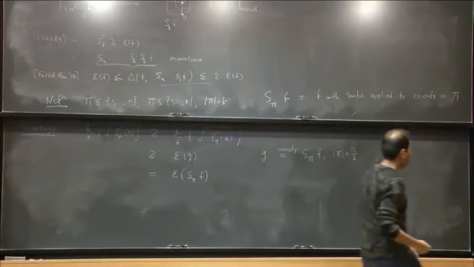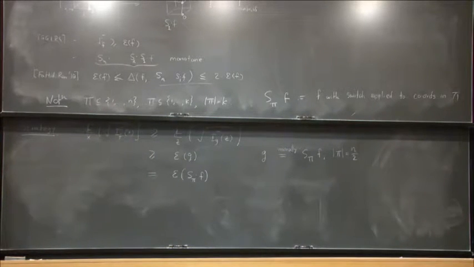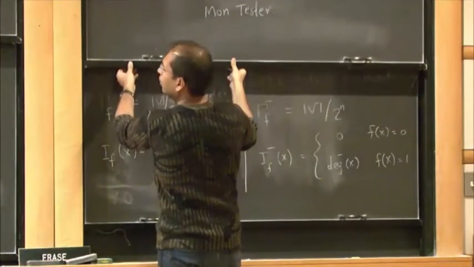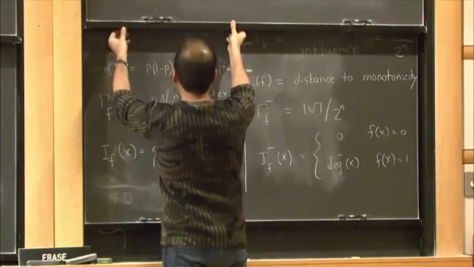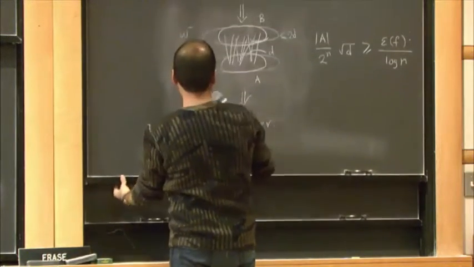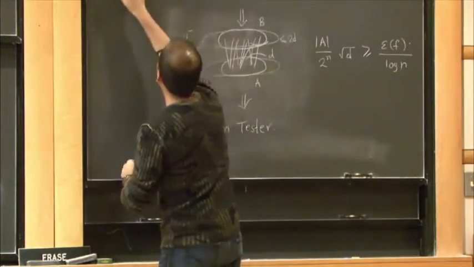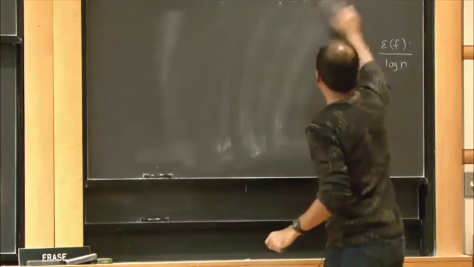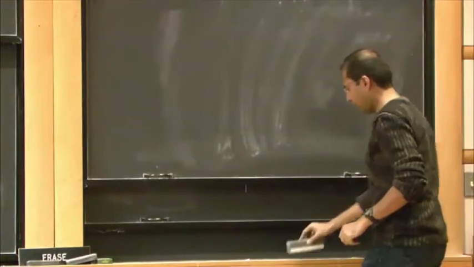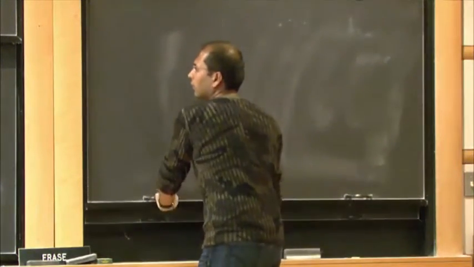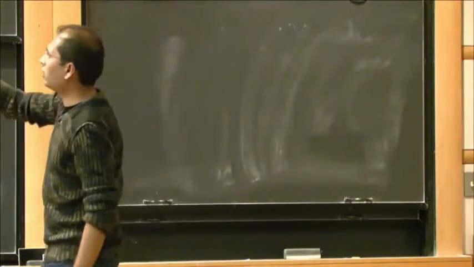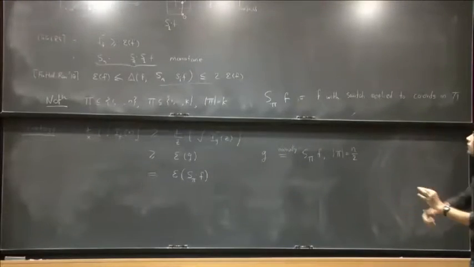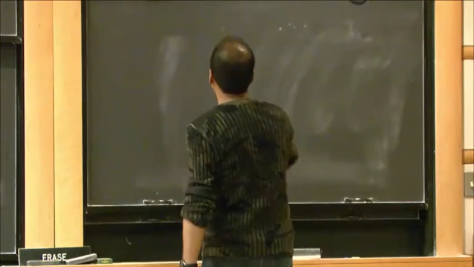So now let's look a bit more closely at how the function changes as you keep applying these switch operators, one coordinate at a time.